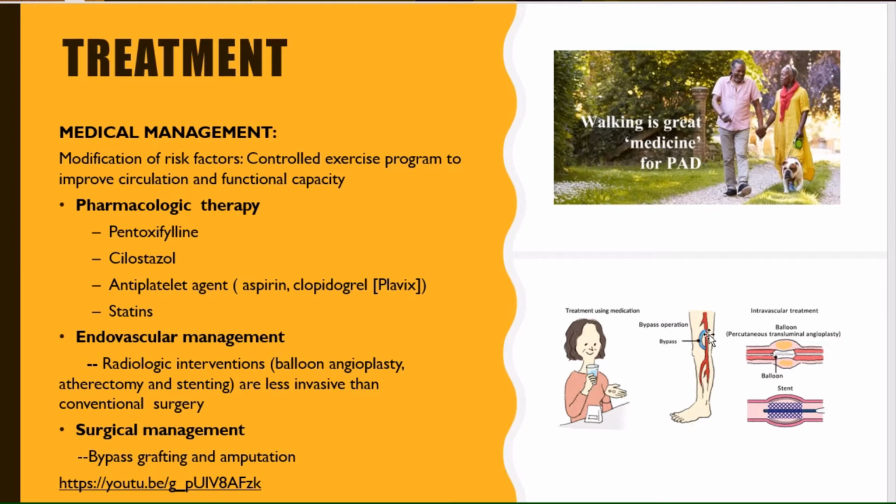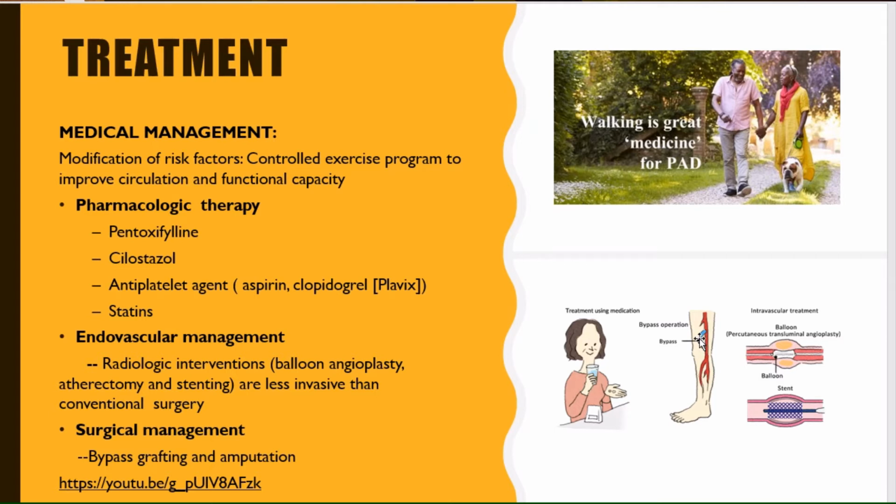Here you can see the area is blocked or completely clogged. So basically you do a bypass around that clot, that blockage, to below the blockage. There are different kinds of materials used to do the bypassing.